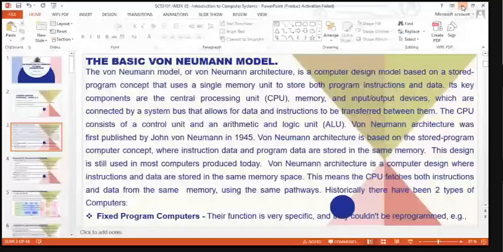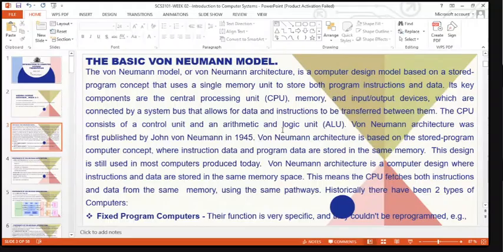This von Neumann architecture is what we talk about in modern computer systems, where you're able to process those instructions. Given the CPU, you're able to fetch those instructions and also the data from the same memory using what we call pathways.